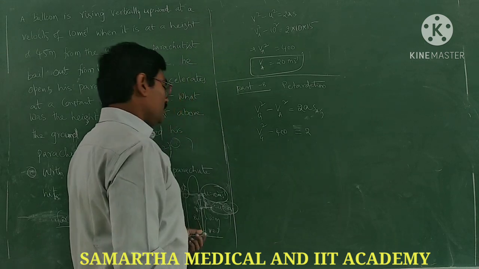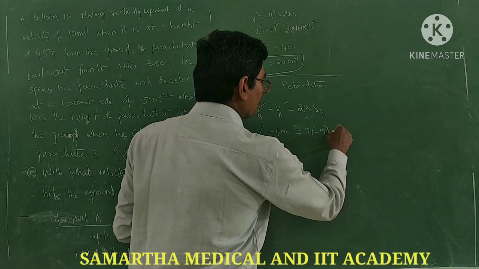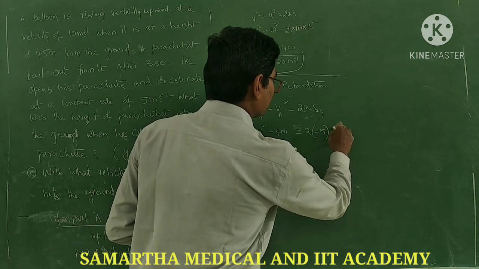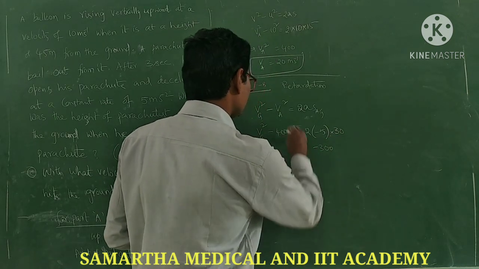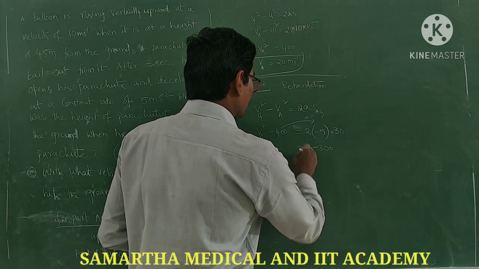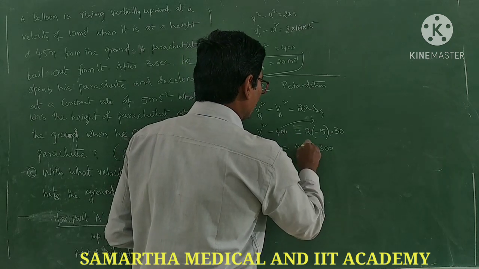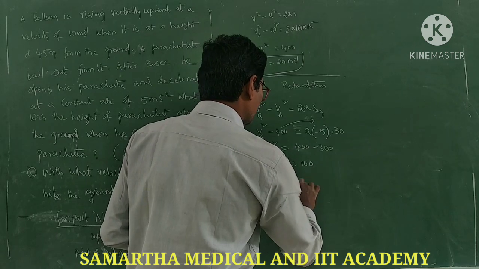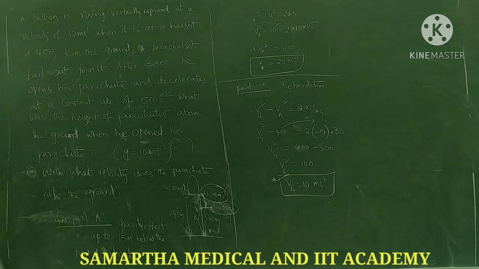While it is coming down, retardation is there. What is the retardation? 5. So minus 5. Distance covered, how much? 30. Minus 300. So this is VG square is equal to 400 minus 300, 100. 10 meter per second. VG is equal to 10 meter per second. That is the answer. Okay? Clear? Yes. Note down.